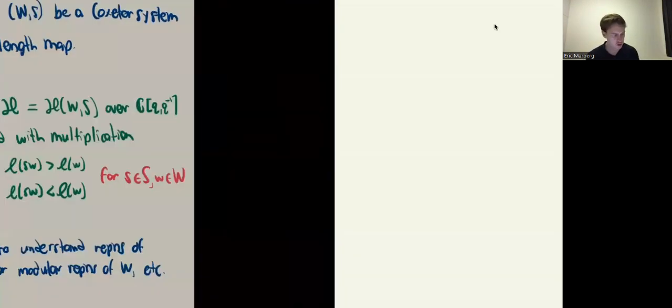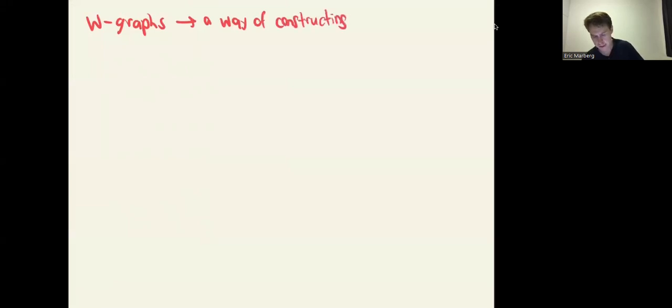So we have this algebra, and then I want to talk about a way of constructing representations of this algebra H.